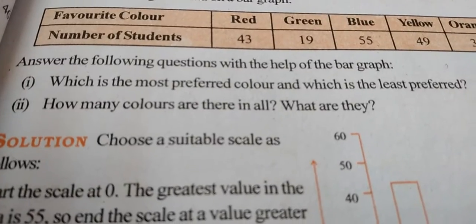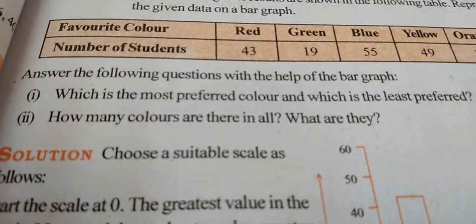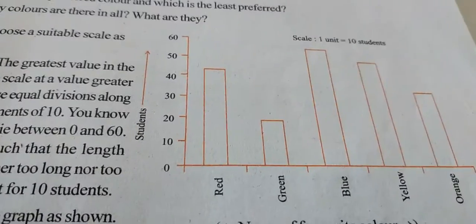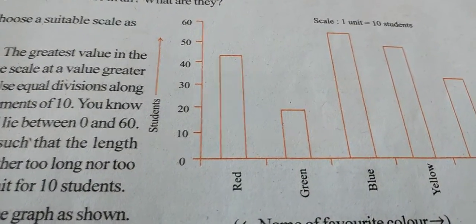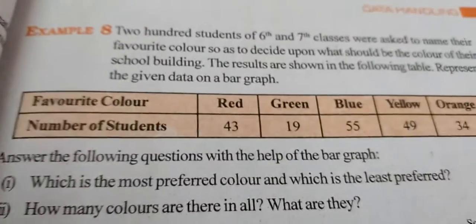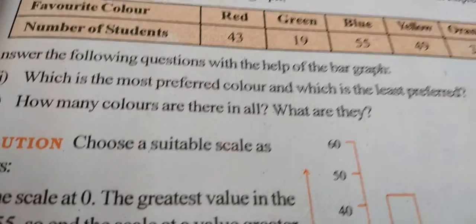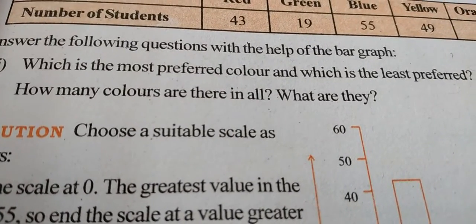In our next exercise, you can see: answer the following questions with the help of the bar graph. If this is the question, then the bar graph will be given to you. Or a table will be given, and questions will be given, then with the help of the table you will draw the graph. Then after drawing the graph, you will answer these questions. Which is the most preferred color?